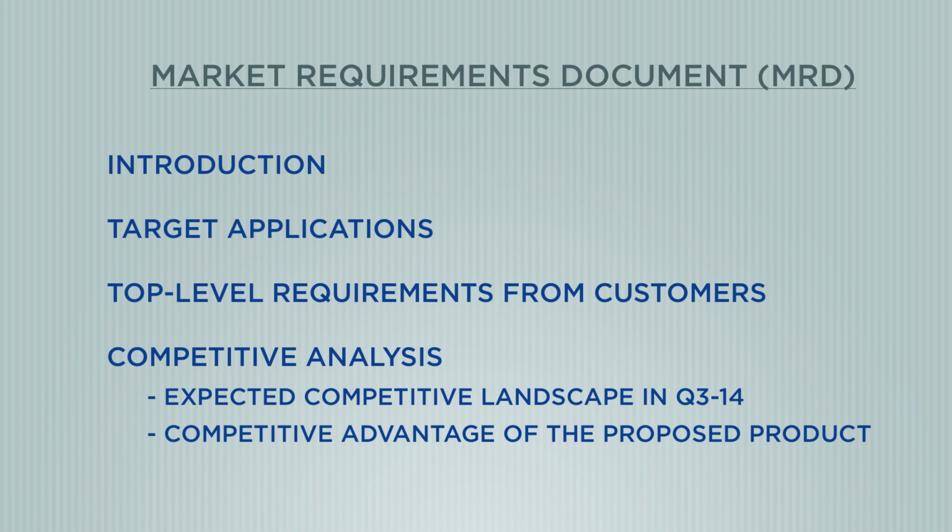But the distribution list of an MRD is restricted, let's put it this way. Once they see the target application, they know what core applications you want to target, and what you're not targeting. I'll give you a simple example.